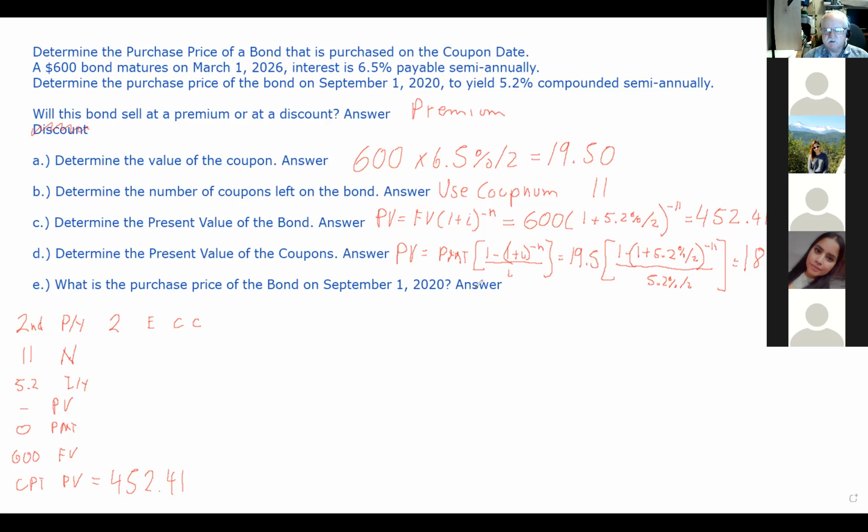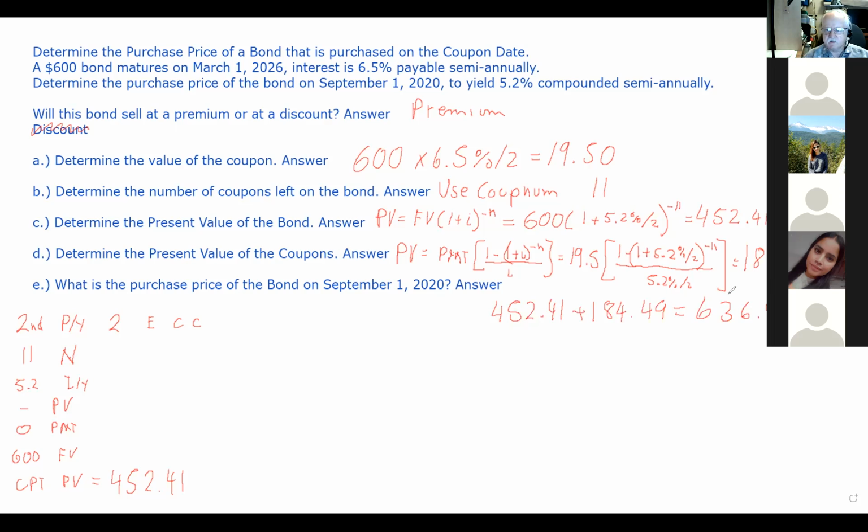Here, the purchase price of the bond is going to be these two added together. So 452.41 plus 184.49 equals 636.90.